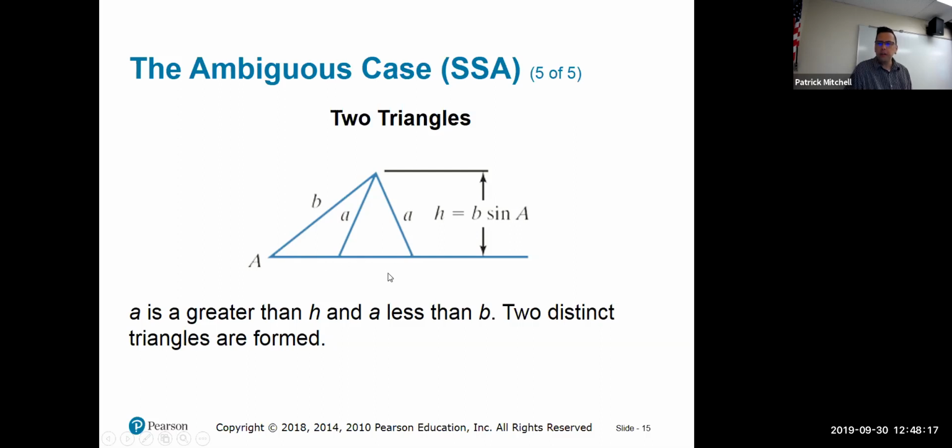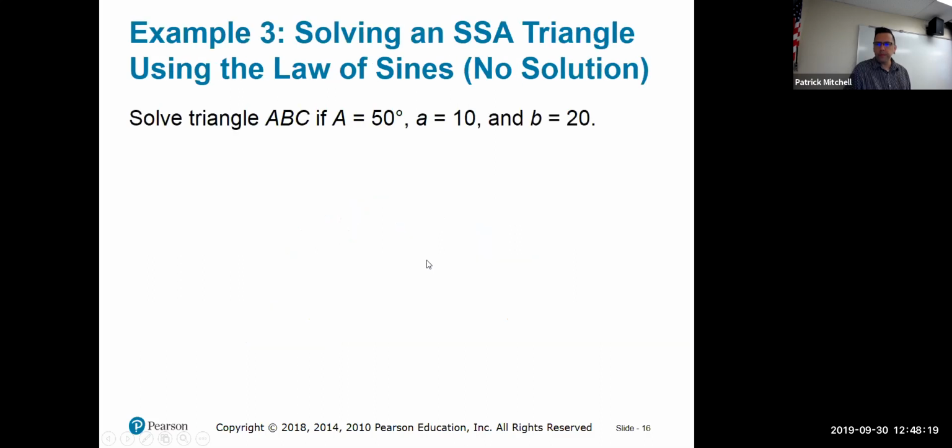So let's start with the no solution case. What does that look like? If angle A is 50 degrees, side A is 10, and side B is 20.